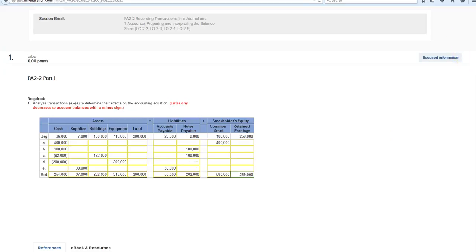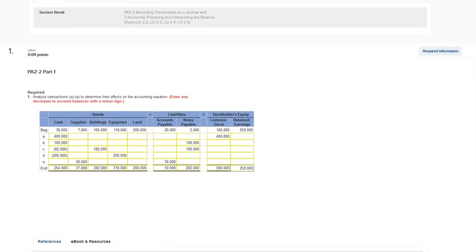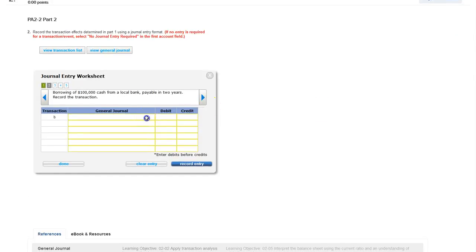So now we'll debit cash for $100,000. And we'll credit note payable long term because it's longer than a year into the future. So we have our debit on the first line and the amount in the debit column, credit on the second line, amount in the credit column, the total debits equal the total credits.